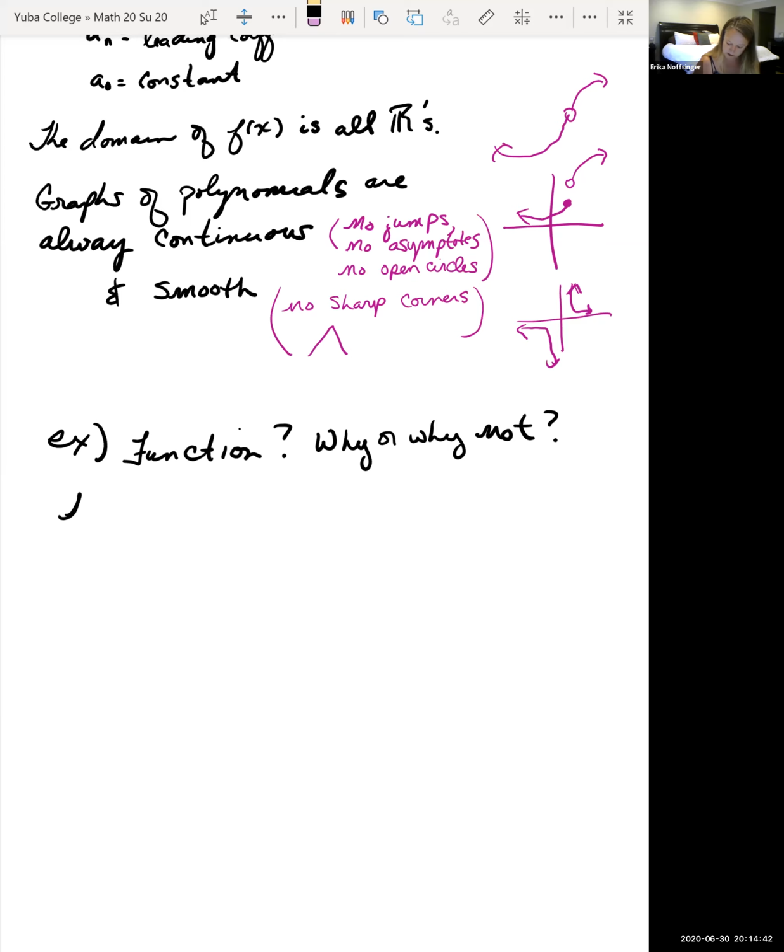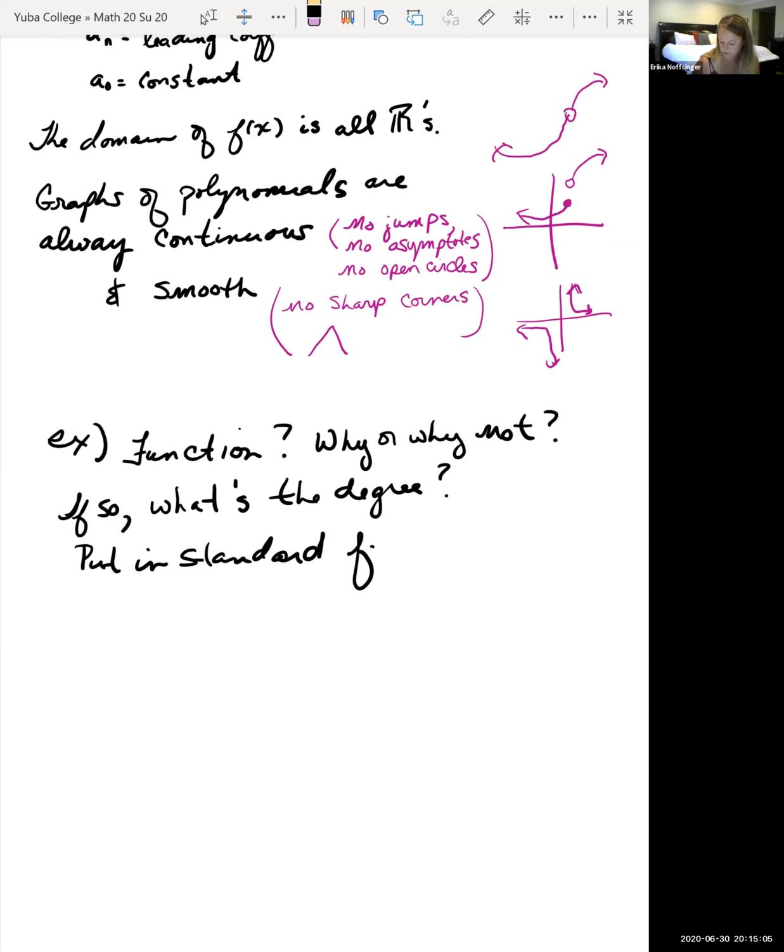If so, what's the degree? Put in standard form. And identify the leading term and constant term.